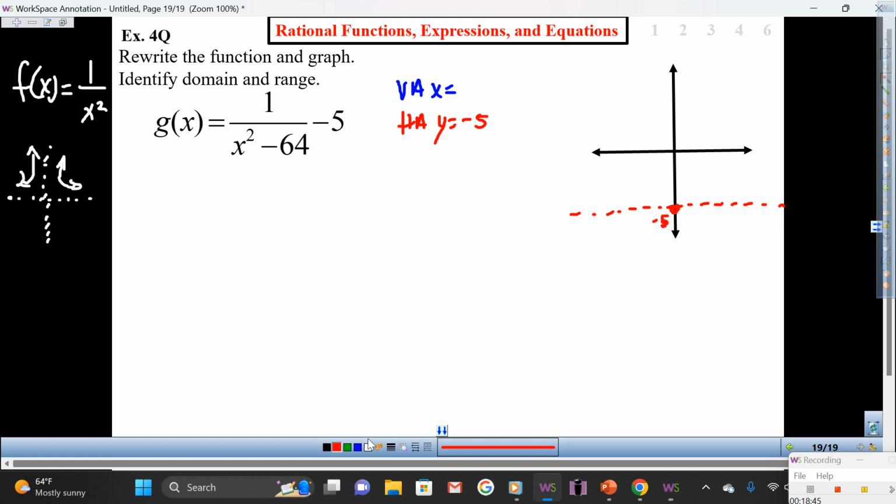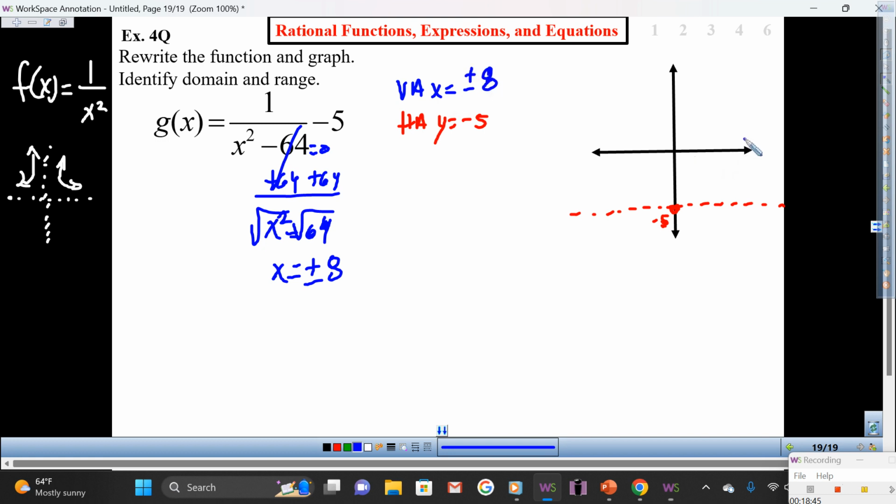So our VA, we should have set that equal to 0, plus 64, plus 64, x squared equals 64, square root, x equals plus minus 8.